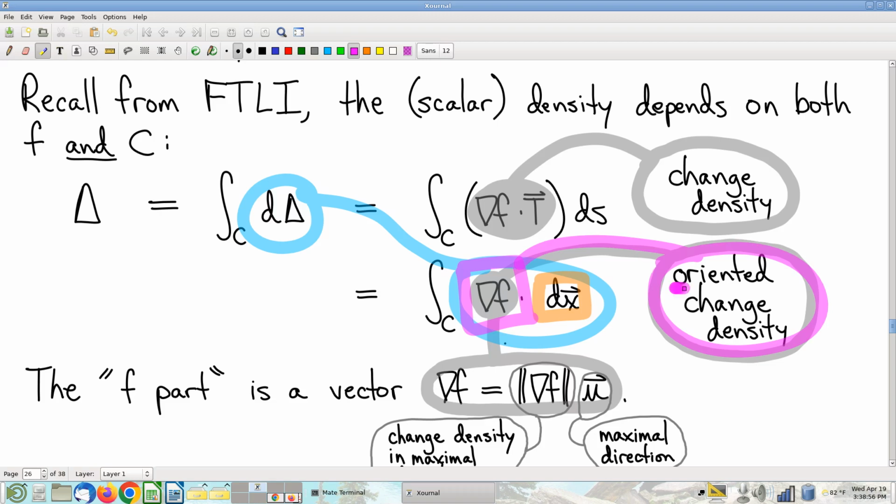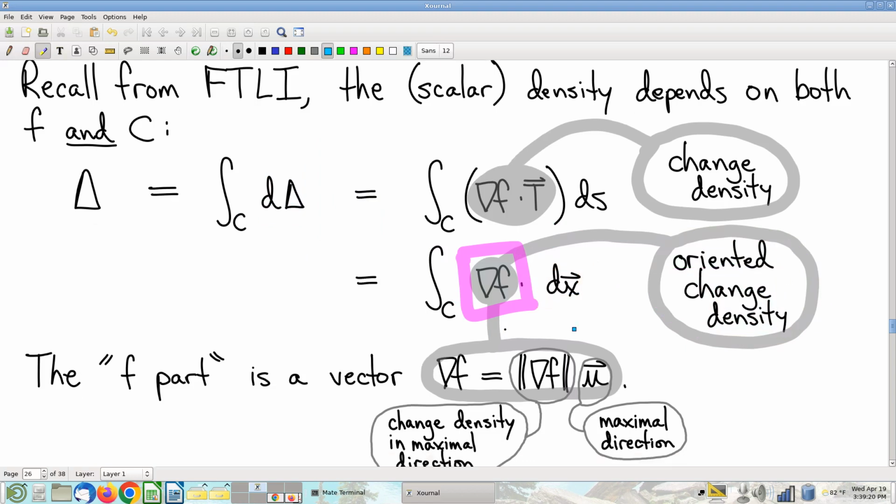And don't forget our quantity in question is change, and thus the term oriented change density. All right, now there's a lot to digest there. Give yourself enough time. Re-listen to the recordings if that might help to digest the point of view here.